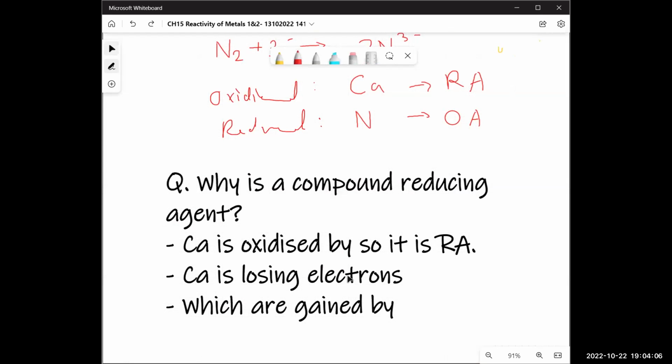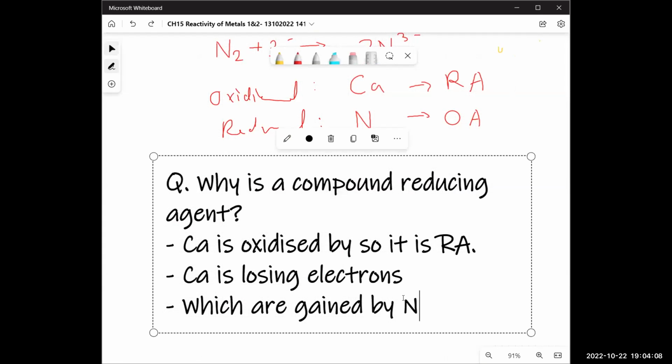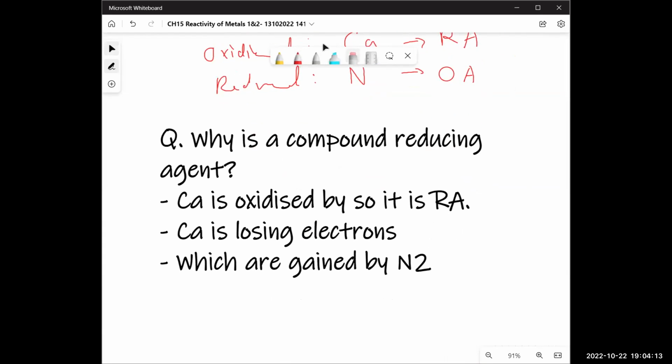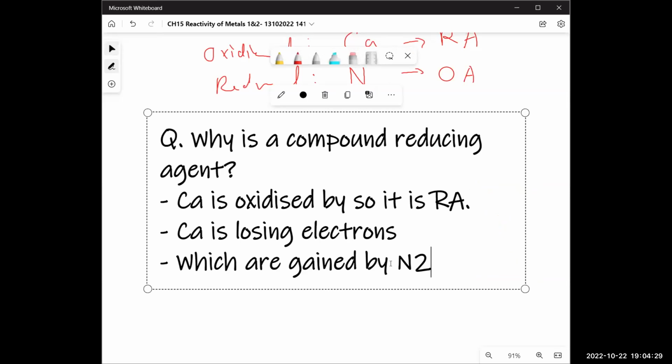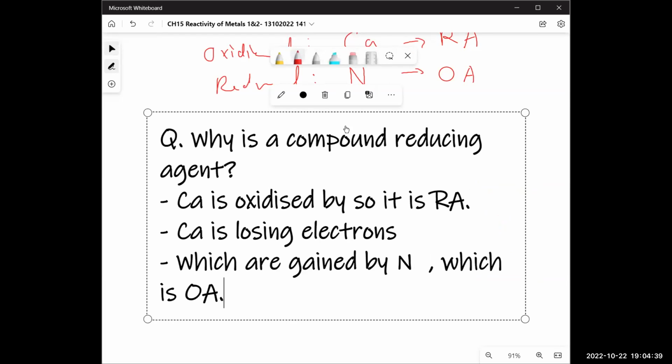So therefore, they are gained by nitrogen. That's the answer, 3 marks. This was not obvious for you. If you don't write this part, you're losing marks. Gained by nitrogen, which is the oxidizing agent.